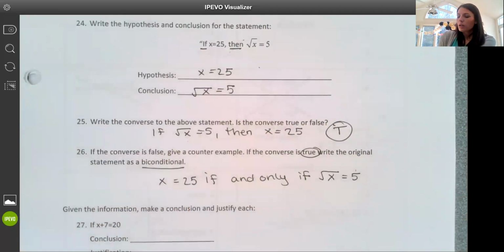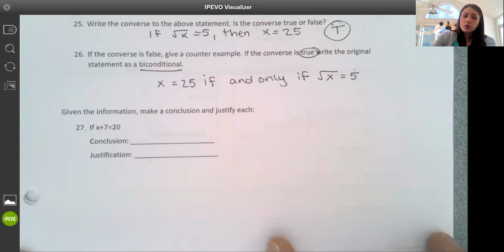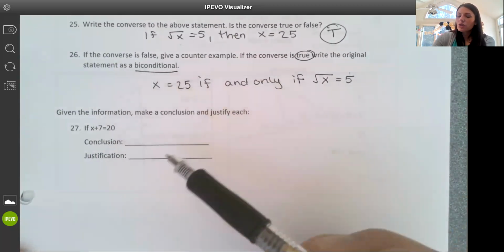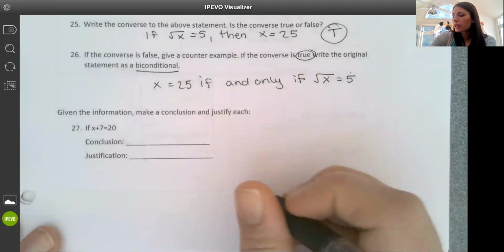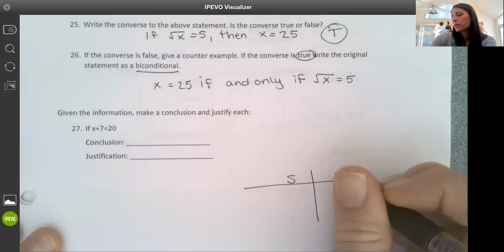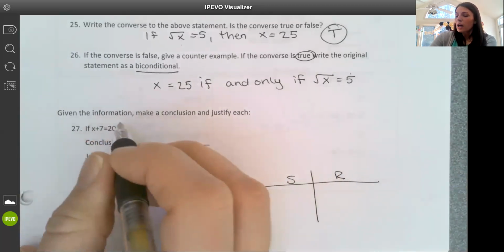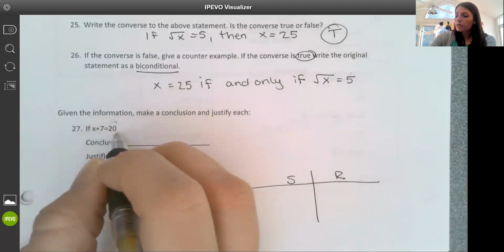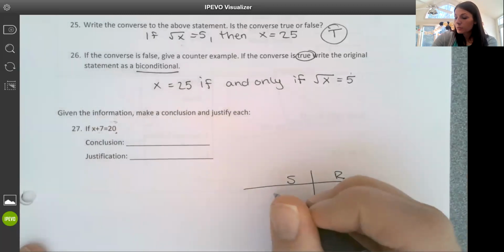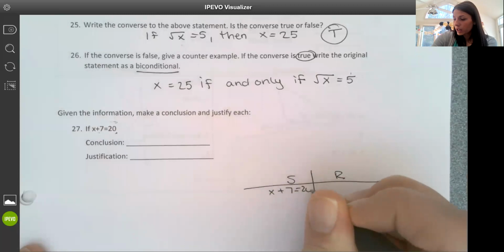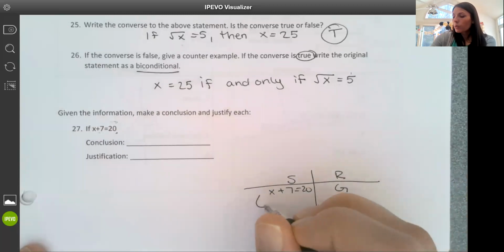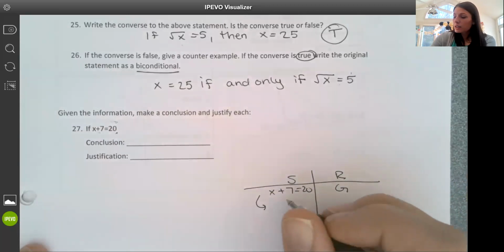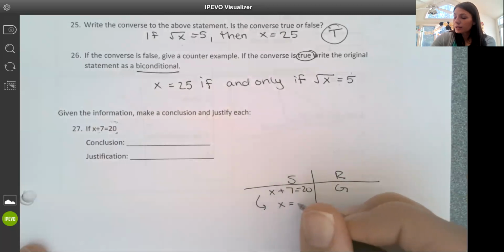Okay. All right, now we're moving into proof land. So for our proofs, this is just asking for, it would be like if in my proof I had statements and reasons, it's saying, if this was above, if I had X plus 7 equals 20, if that was my given, what would be the next statement? And my next statement would be X equals 13.